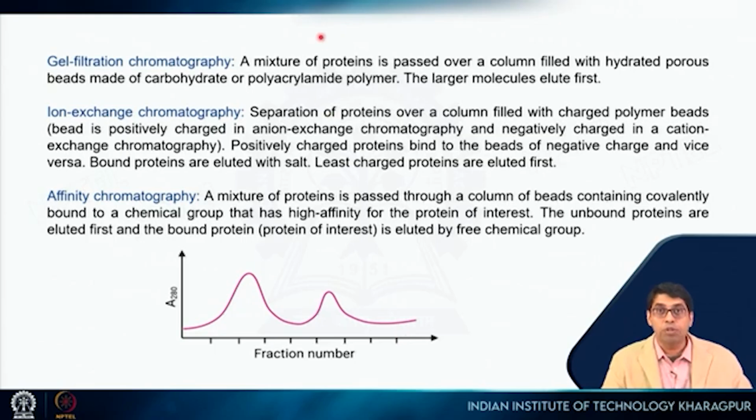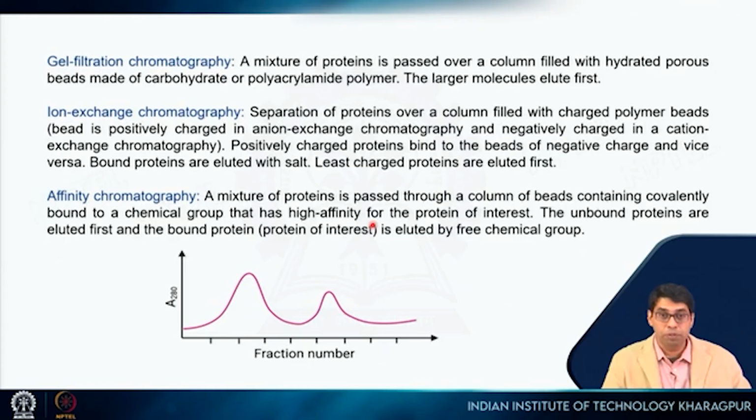But these two methods might not give you completely pure proteins, right. A more sophisticated method is affinity chromatography. In this case, a mixture of proteins is passed through a column of beads containing a covalently bound chemical group for which your protein has high affinity, right. So, let us say your protein can bind to glutathione. Then what you will do is add the glutathione to the column.